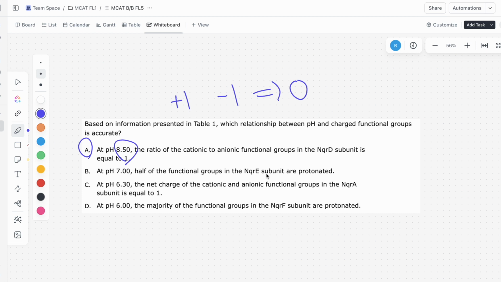Now, another reason why that's wrong is if half of the functional groups are protonated, that either means the other half are deprotonated at best, or the other half is going to be neutral. If one half of them are protonated, +1, and the other half are deprotonated at -1, this is the Zwitterionic form. This is when your charge all adds up, the PI point where the charge all adds up to 0.